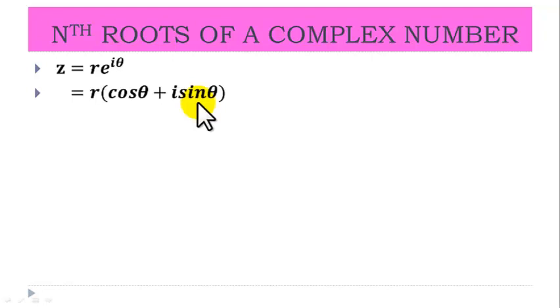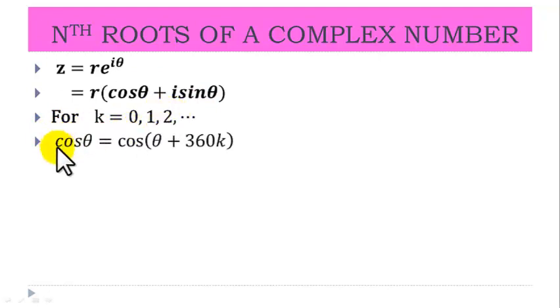But for non-negative integer k, that is, for k equal to 0, 1, 2 and so on, cos theta is equal to cos of theta plus 360k, and sin theta is equal to sin of theta plus 360k.